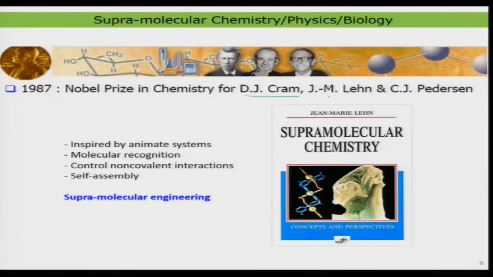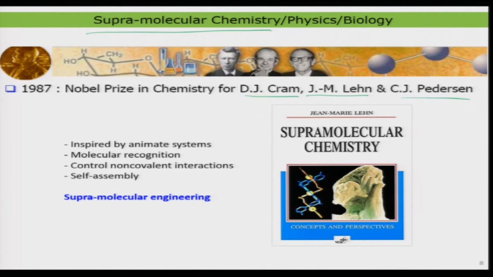That is quite important, but a good message here is that famous people like Cram, Jean-Marie Lehn and Pedersen, three people, strategized this so called molecular self assembly by carefully controlling the interactions between the molecules, and they called it supramolecular chemistry. Supramolecular physics or supramolecular biology already exists in nature.